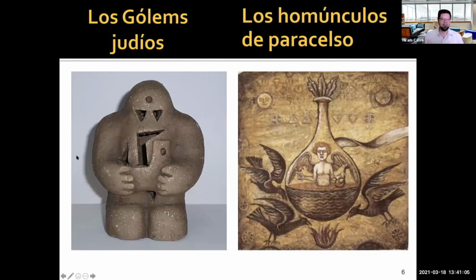Also, we can consider the Jewish golems, which are for protecting or defending even some places, or the Paracelsus homunculus, which was the desire to create human or pseudo-human things outside of the uterus.